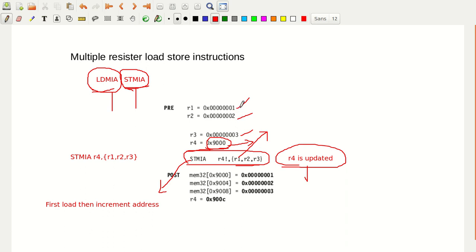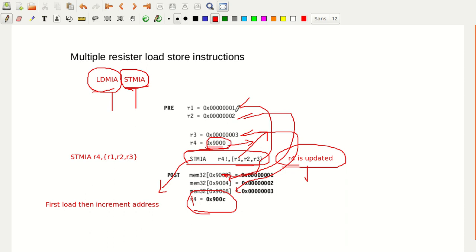So the first value, that is 1, is stored at this address. First you load to this address, then increment. Next you take 2, load it to 9004, then increment. Next you take 3, load it here, then increment. So finally you have the value 0x900C. So the starting value of R4 is given here.